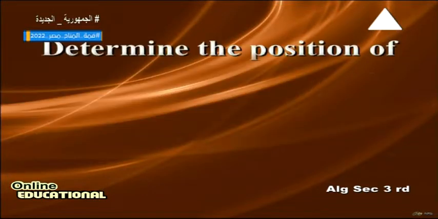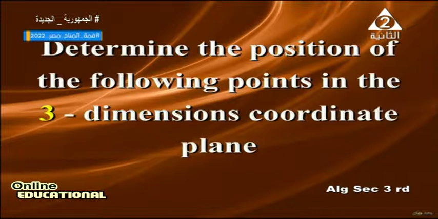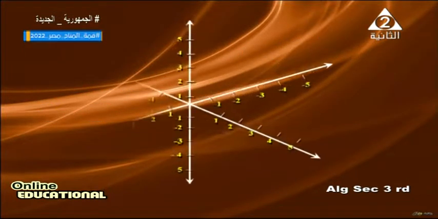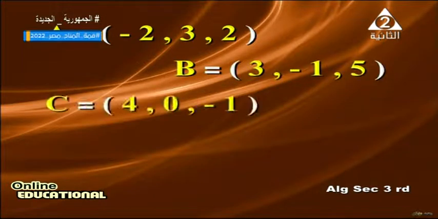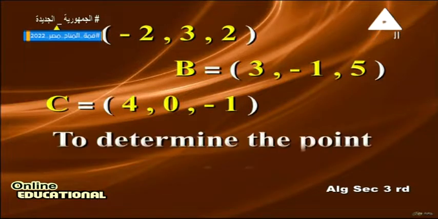Look at this example. Determine the position of the following points in the 3-dimension coordinate plane. Point A (-2, 3, 2), point B (3, -1, 5), point C (4, 0, -1).